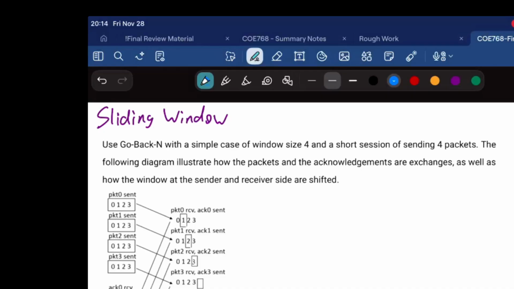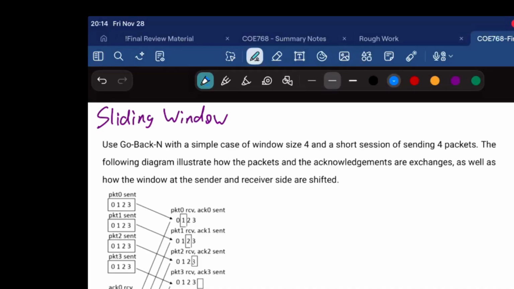So, sliding window, specifically here we're using the go back n example with a sample case that has a size 4 window, and it needs to send over 4 packets to the destination. This is just an overview of what it would look like.